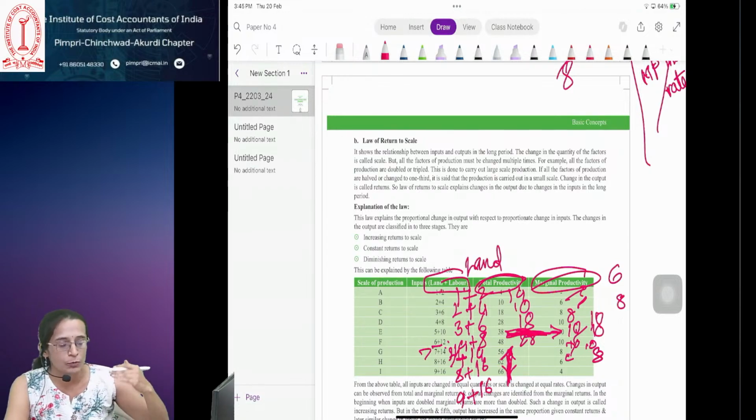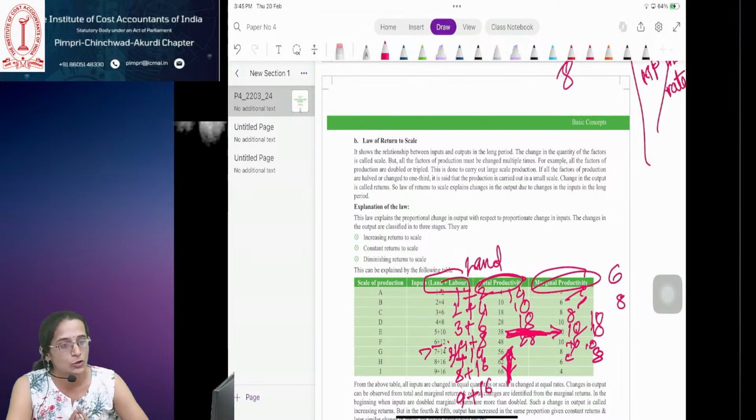So what is happening? The scale of production in the law of returns to scale is large, right? Because every factor is increasing. The capital gets doubled, labor gets tripled. So the large scale production will happen in which law? Law of variable proportion or returns to scale?